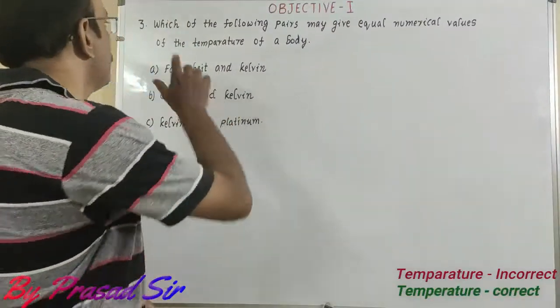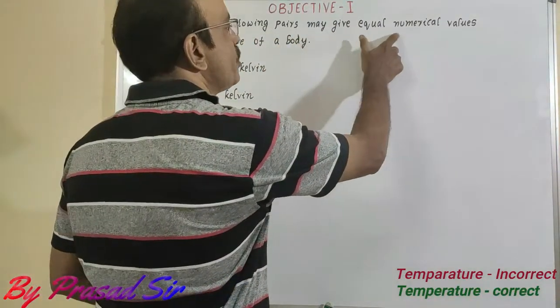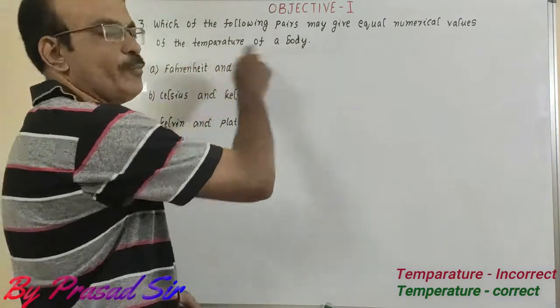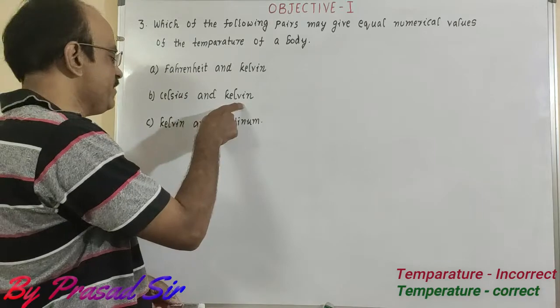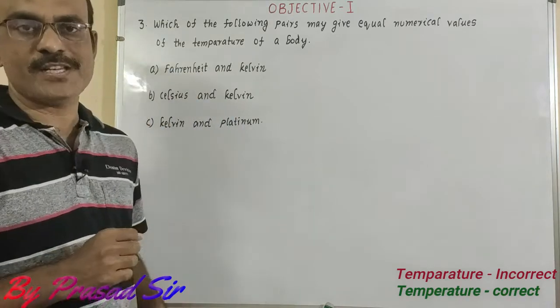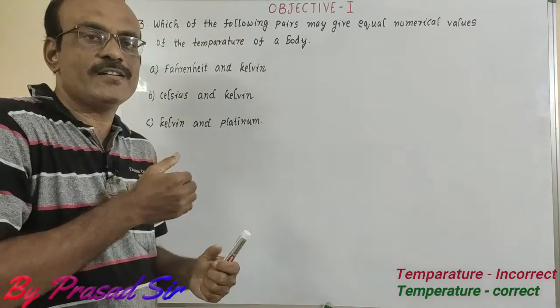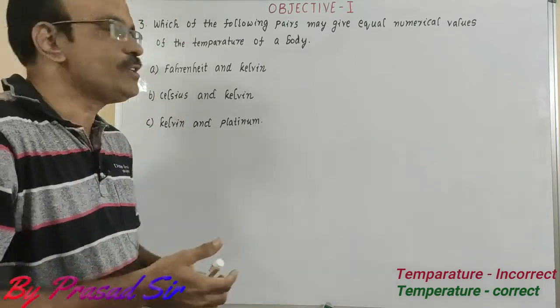Question number 3. Which of the following pairs may give equal numerical values of the temperature of a body? A, Fahrenheit and Kelvin scale. B, Celsius and Kelvin scale. C, Kelvin and platinum scale. This is a single correct option question.